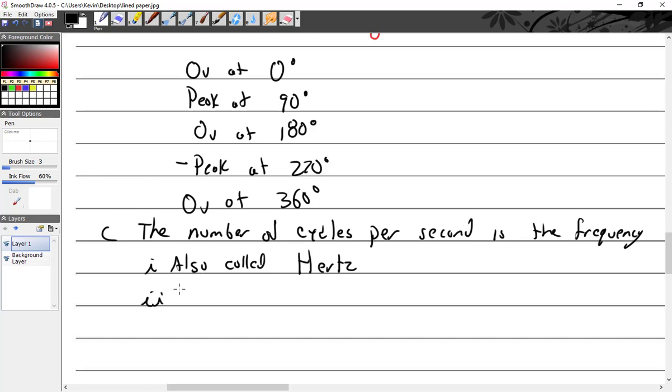So 1 hertz is 1 cycle in 1 second. Hertz is also written Hz. 1 hertz is 1 cycle in 1 second.